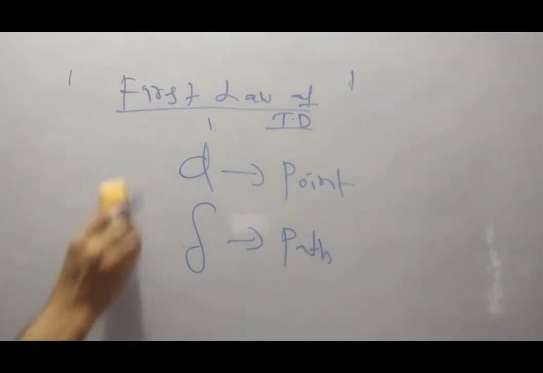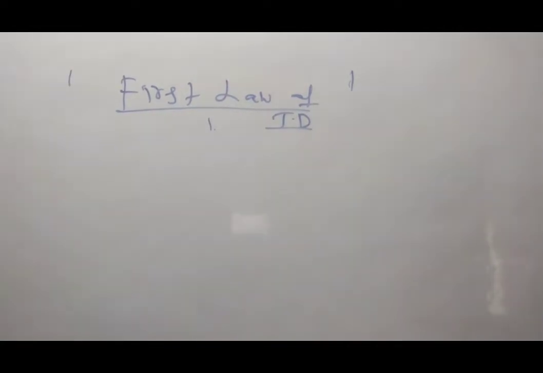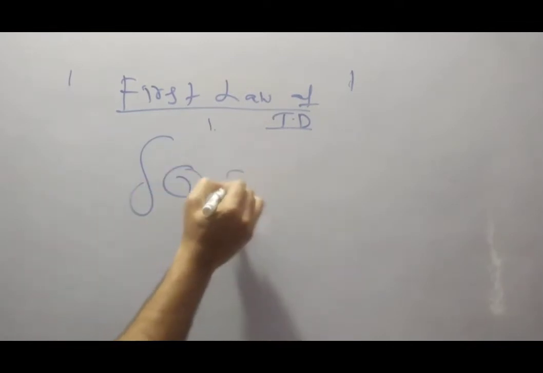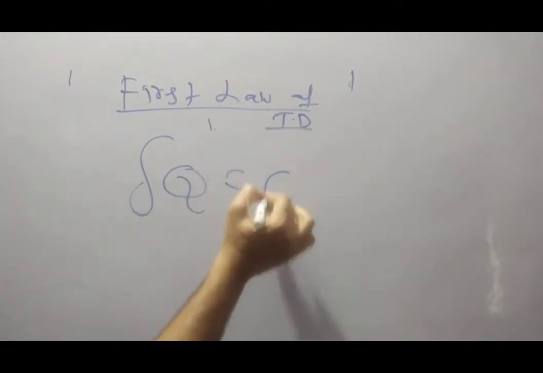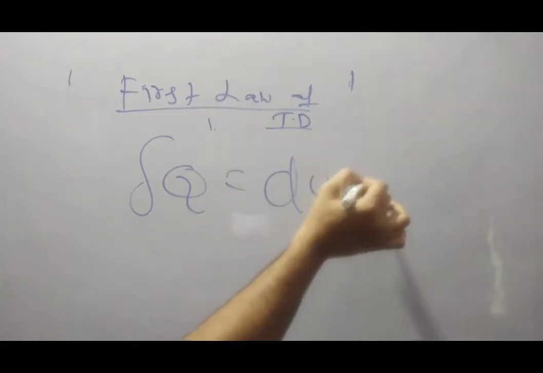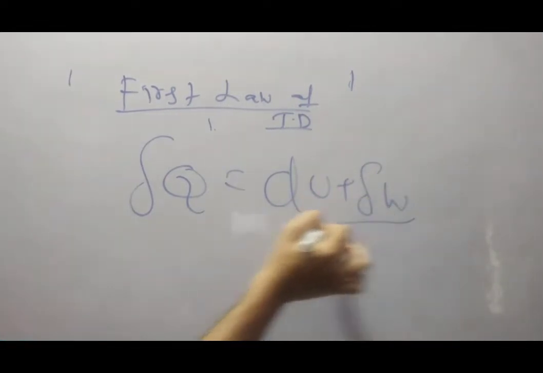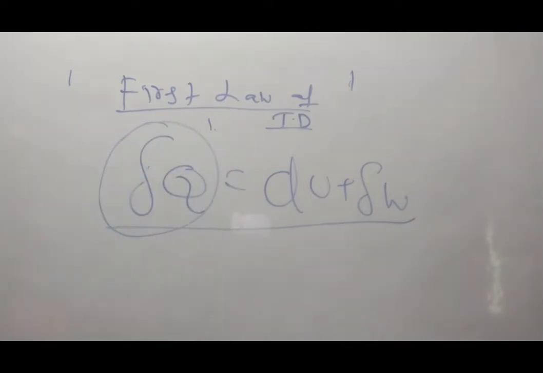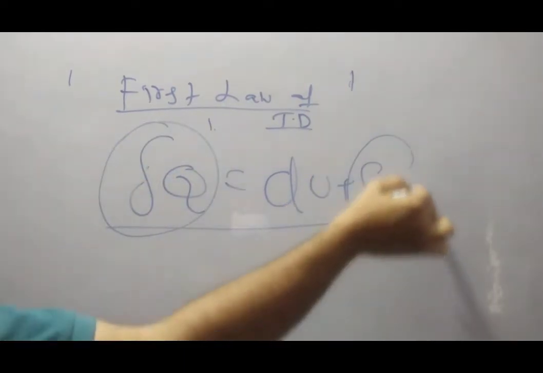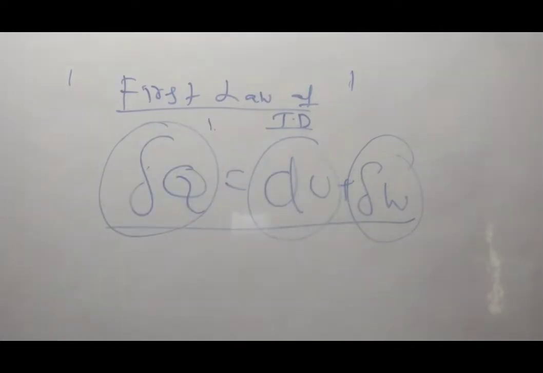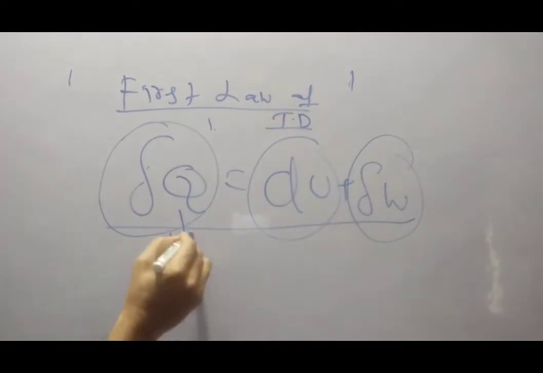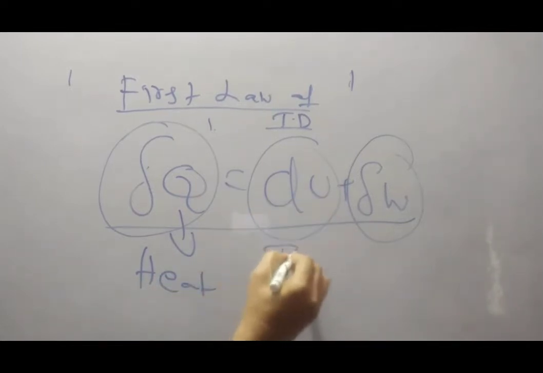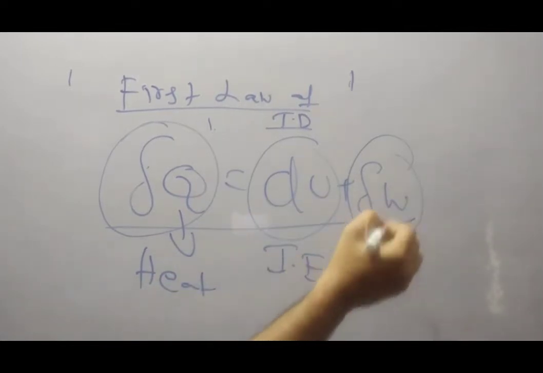So in the first law of thermodynamics, that's why I wrote the statement like this: delta Q equal to dU plus delta W. Now you follow this notation. This is a path function, this is a path function, this is a point function. Internal energy is a point function. So this is heat, this one is internal energy, this one is work.